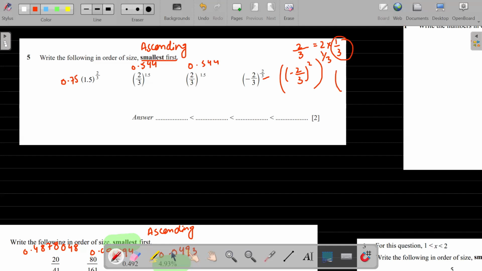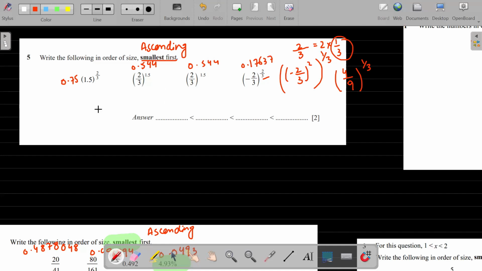It will be minus minus plus, so 4 by 9. Then I will take their cube root, like 1 by 3. So cube root of 4 by 9 is going to be 0.17637. Let's compare the values now.